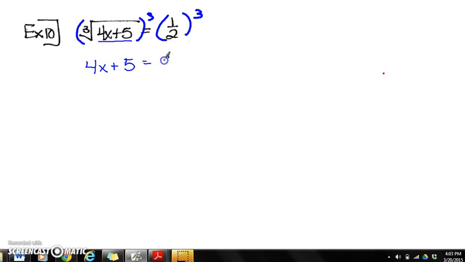And you're going to have 1/2 to the third power. Well, remember, 1/2 to the third power is 1/2 times 1/2 times 1/2, which is 1/8. So 4x plus 5 is going to equal 1/8.